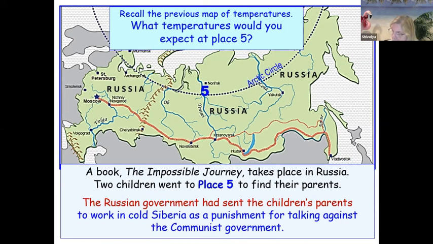There's a newer book, or one that's easier to get a hold of, The Endless Steppe. Very similar situation, shortly after World War II, when Russia takes over and is sending people to Siberia who were dissidents or the wrong group. And again, this is where the whole family goes into exile.